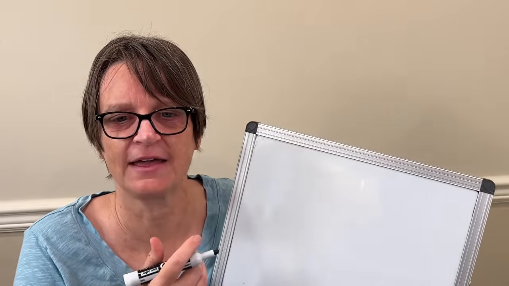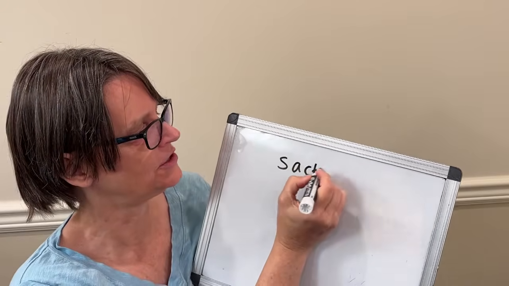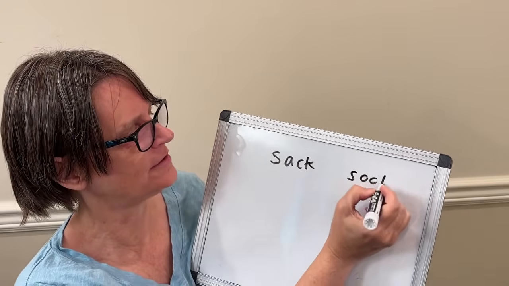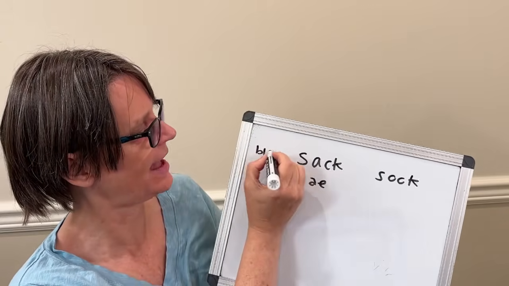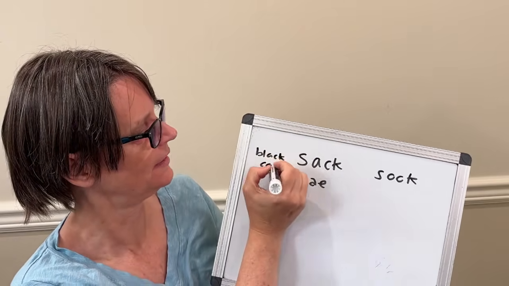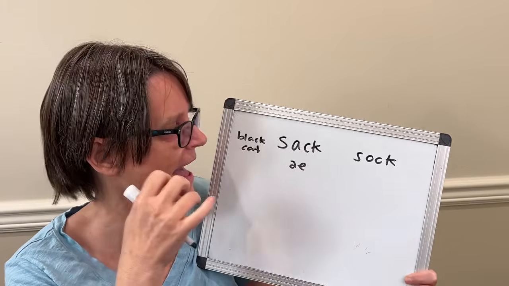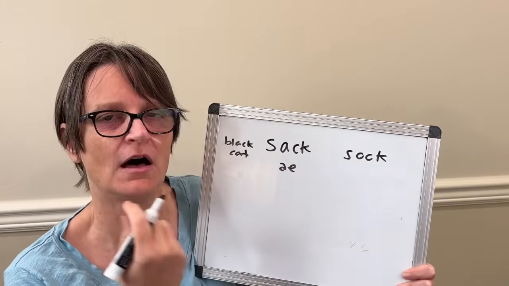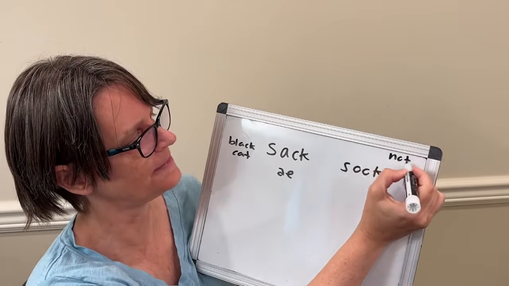So we have a question about sack and sock. I use the terminology for these vowels of the a vowel. I call that one the black cat. That's a front vowel, open front lax vowel. And then sock, I call that one the not hot vowel.